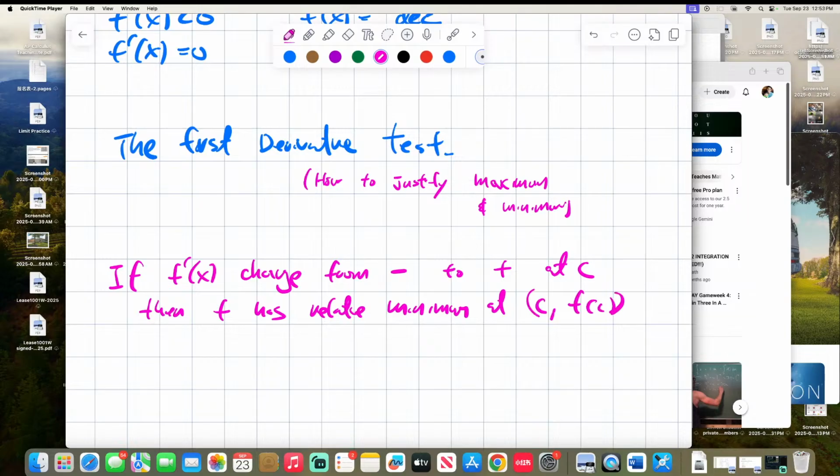Do you guys remember last year? You have to say f prime of x is changing from positive to negative, therefore x equals 2 is a relative maximum. Something like that. You had to justify it on the AP exam. Do you remember that?